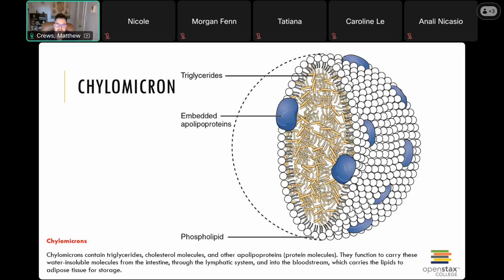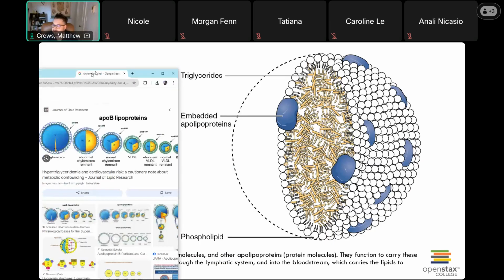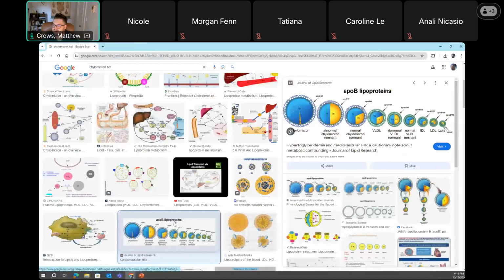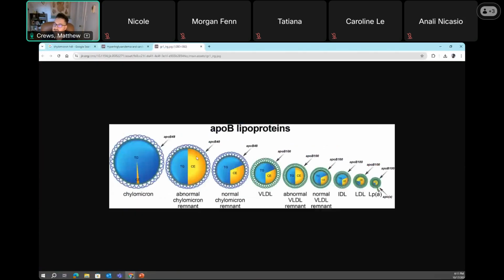You have these options, okay? These are different kinds of lipoproteins. Make that bigger. There we go. All right. So if this is a chylomicron, you might have triglycerides, and then C, I'm assuming, is cholesterol.